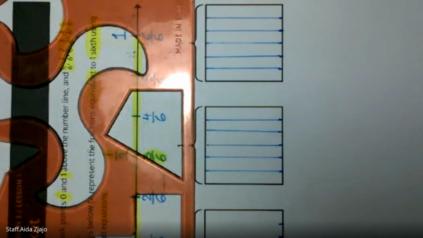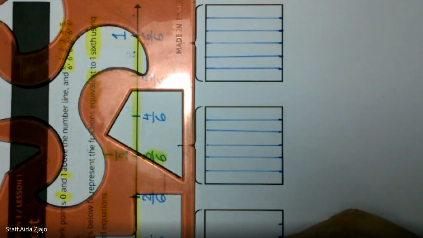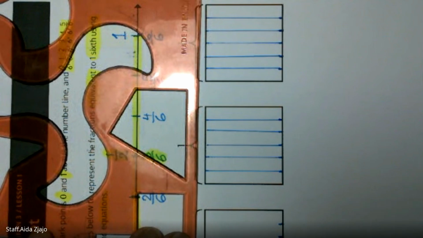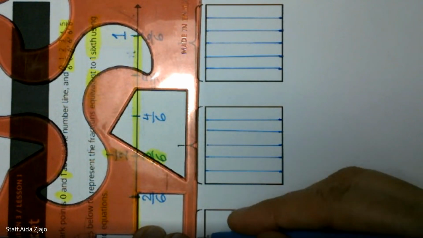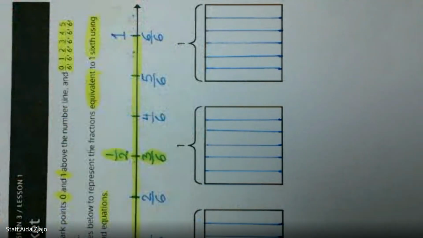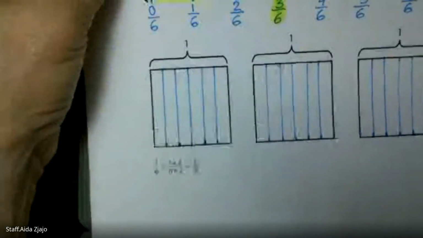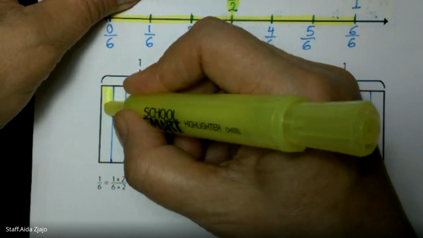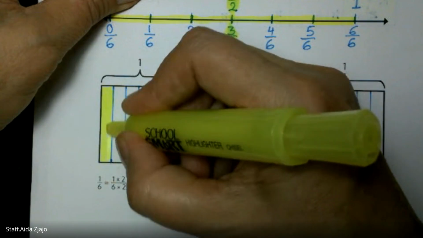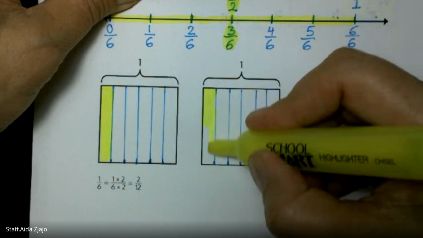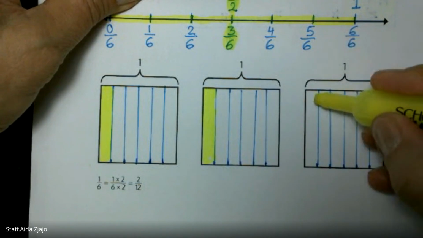And this one as well. 1, 2, 3, 4, 5. Now each of these represents 1/6. I will highlight my sixths here, and this one here, and this one here.